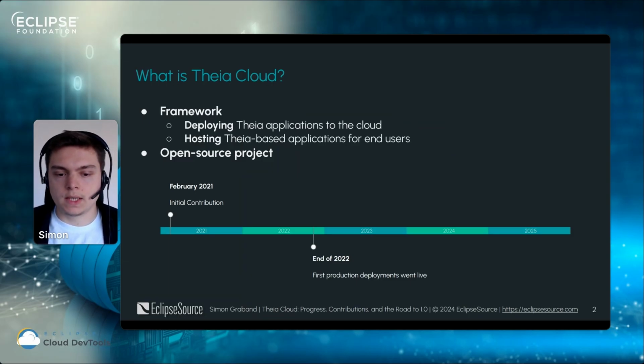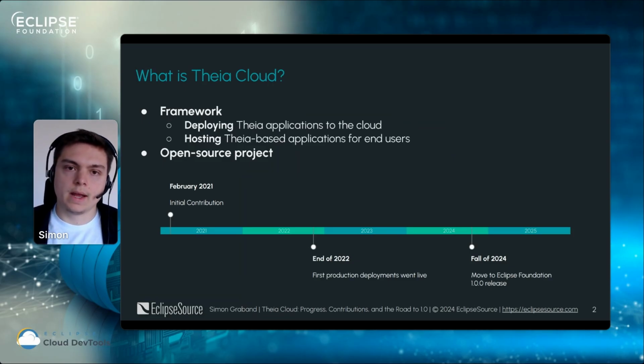What this means is that the first adopters of Theia Cloud were then actually using it to host their applications to their end users. And now we are in the fall of 2024, around 2 years later, and we recently moved the project to the Eclipse Foundation and are preparing for the 1.0 release, which is upcoming.